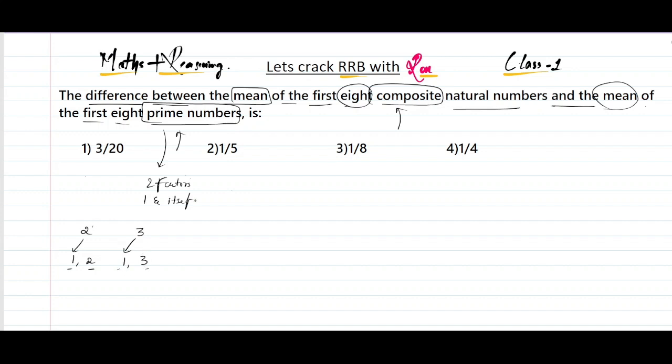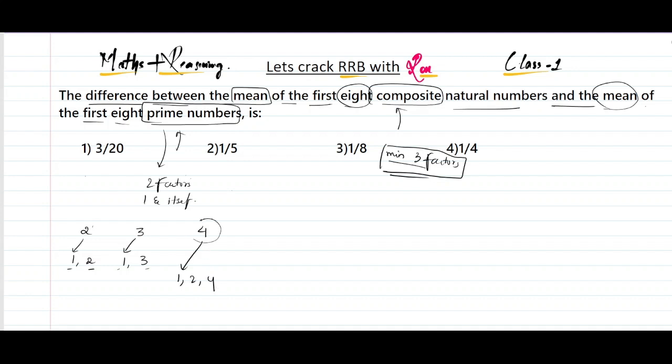Now listen very carefully. What are the composite numbers? A number which should have minimum 3 factors. Remember this point. If I take the number 4, what are the factors of 4? 1, 2 and 4.